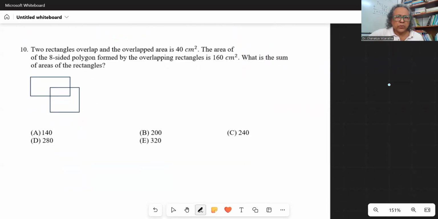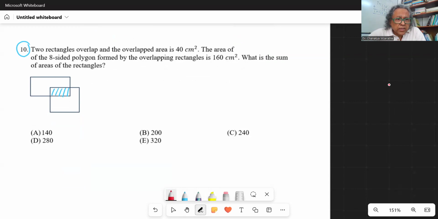Two rectangles overlap, and the overlapped area is 40 square centimeters, right? So that means this area is 40 square centimeters. The area of the eight-sided polygon, I see. So there's an eight-sided polygon, right?